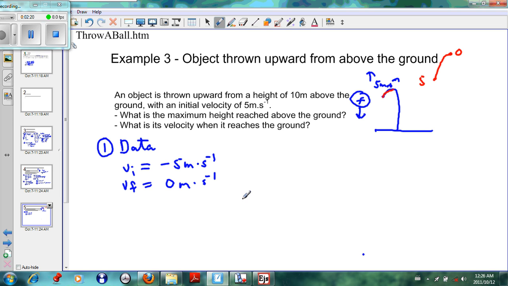meters per second. And your gravity is always the same. In our case, I take down as positive, so it will be plus 9,8 meters per second squared. And we have to work out our maximum height, which is your delta y.